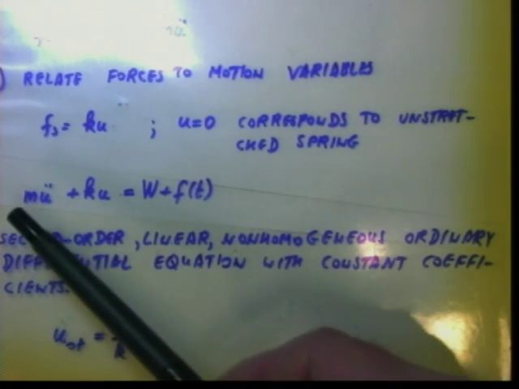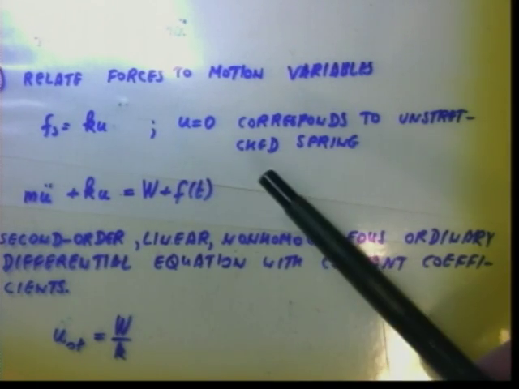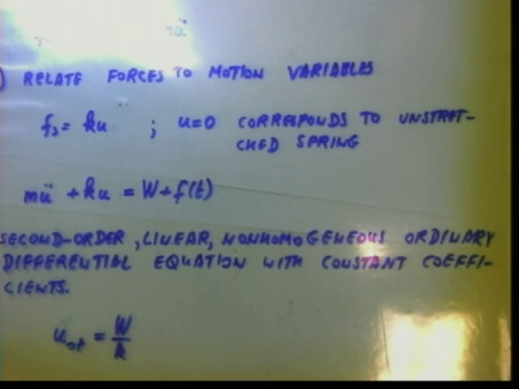Now, this is a dynamic equation, of course, because there is acceleration, etc. And what about density? Can density vary in a body? A student is asking whether or not density can vary in a body.